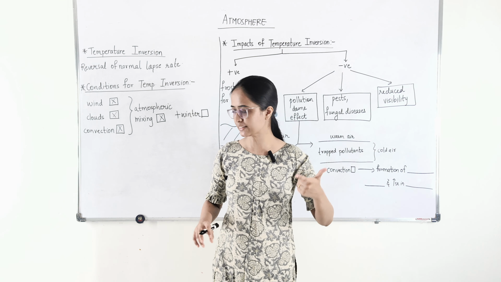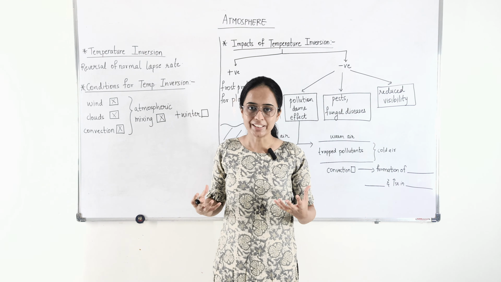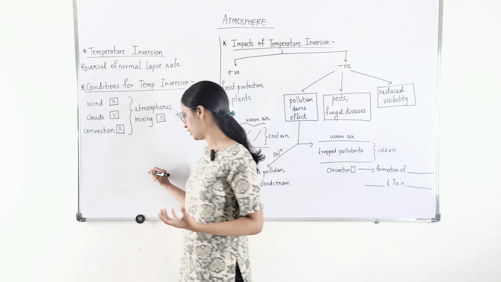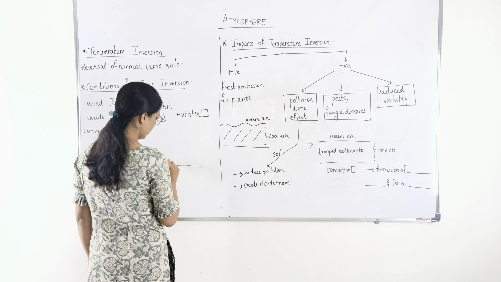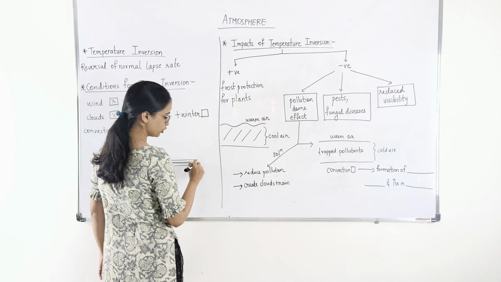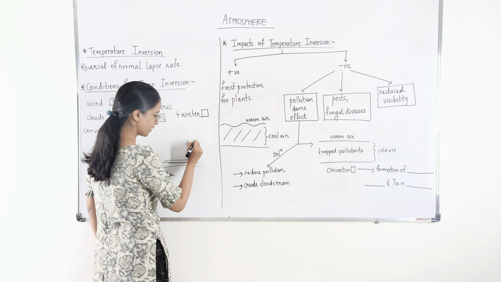meaning there shouldn't be any clouds, there shouldn't be flow of winds that is taking place. And when I say no convection, we all know that when the ground gets heated up, say this is the ground, the air which is just above it also gets heated up and it travels up. This is nothing but convection.